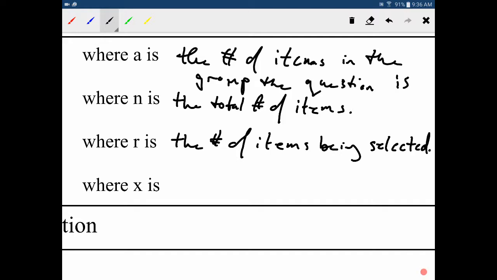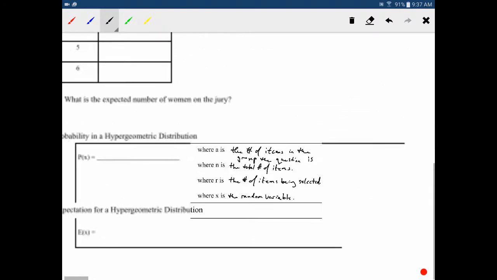And finally, X is the random variable. Okay, so that is our probability formula.